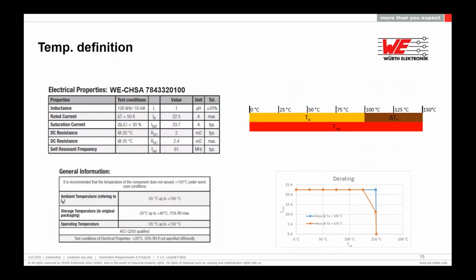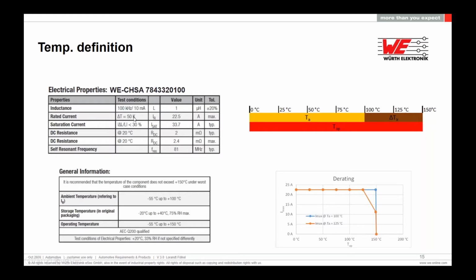When we talk about temperature degree, it's also important that you read the data sheet and you understand why, when we say rated current and operating temperature and storage temperature, they can have a high differential between each other. When we say a maximum operating temperature of 150 degrees, which is grade 0, it means when we apply 22.5 amps to these components, the component will produce 50 degrees of self-heating.